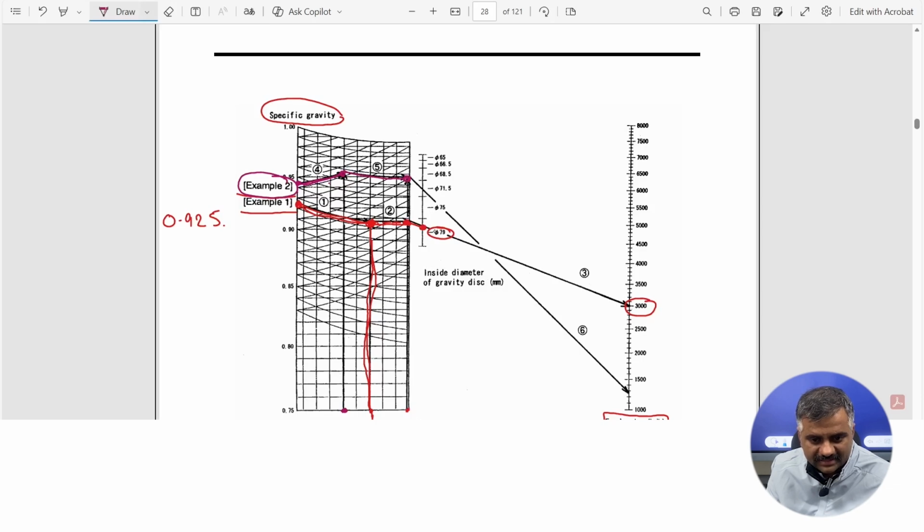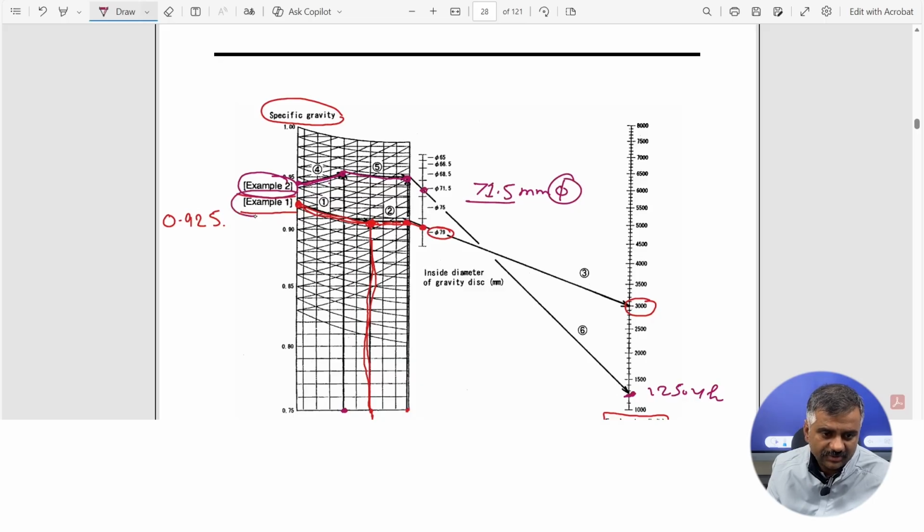From the 98 degrees centigrade, since we have decided to keep the feed rate at 1250 liters per hour, this is the point where it is 1250 liters per hour, and we have to match both points. So it is cutting at 71.5 mm. So 71.5 is the internal diameter of the gravity disc.